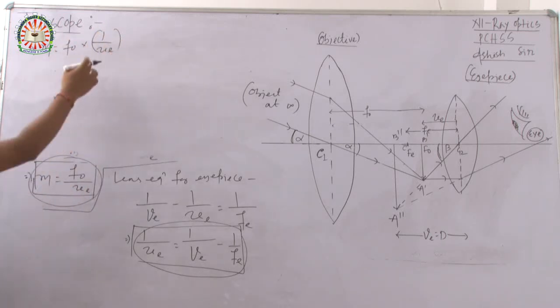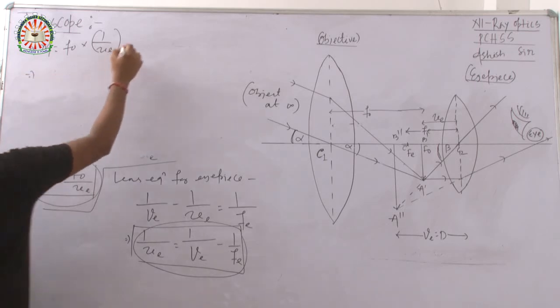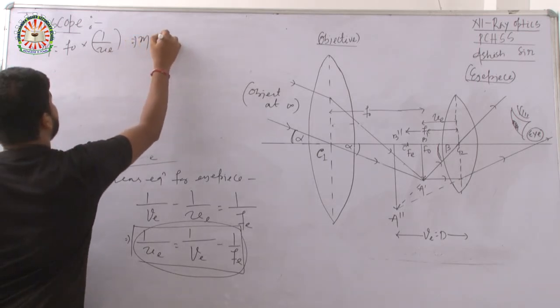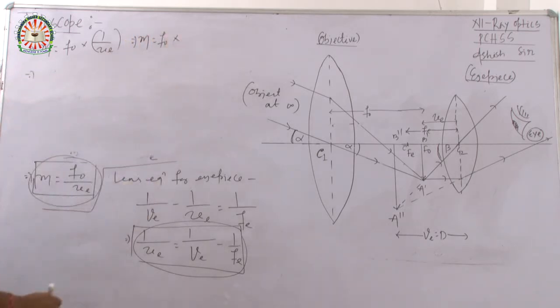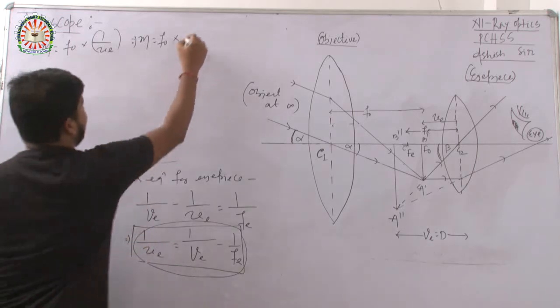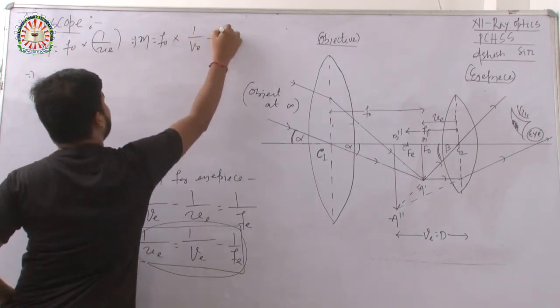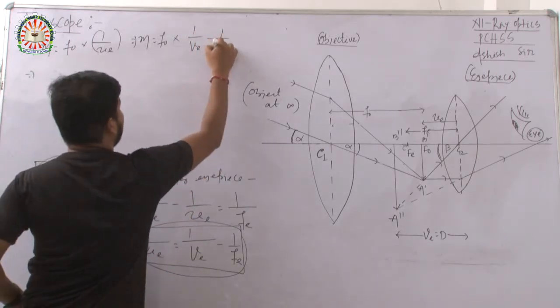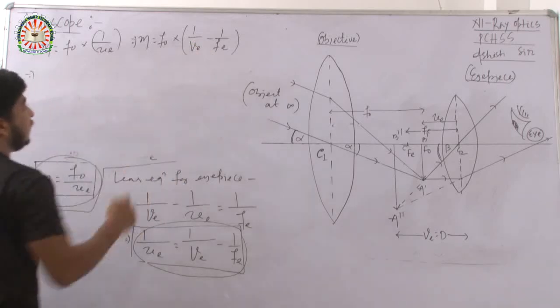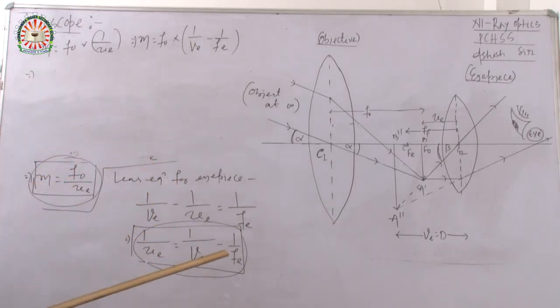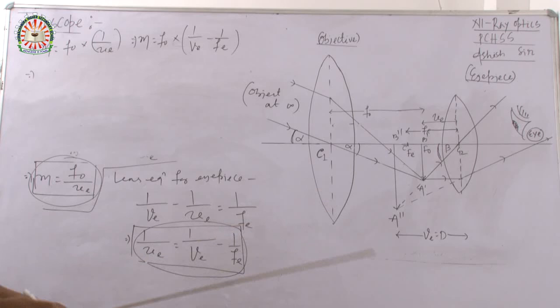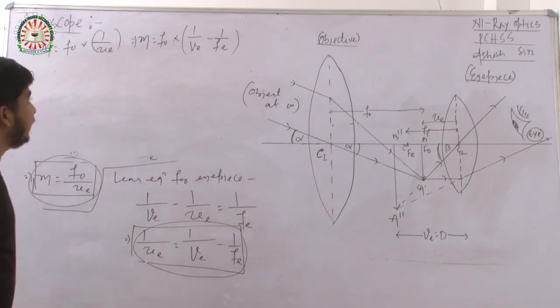Now put the value of 1 by ue. So m equals fo into 1 by ve minus 1 upon fe. This is the value of 1 by ue that I have inserted here.